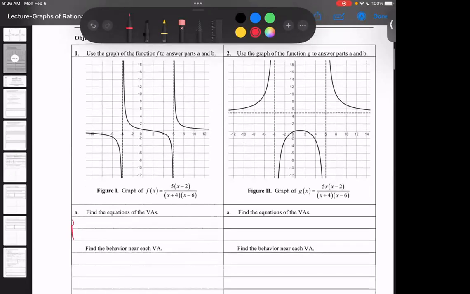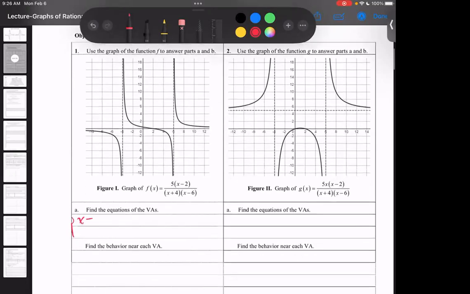Take a look at the factors in the denominator, which are x plus 4 and x minus 6, and then you set them equal to 0, and then you solve. That will be your vertical asymptote. One characteristic about a vertical asymptote is that the graph never crosses it, ever.